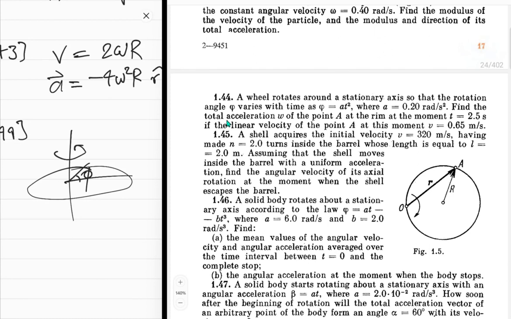Oh, okay, now I get it. It's like the centripetal acceleration, that actually is time dependent. But they gave us the linear velocity at that moment. Oh, wait, no. You don't know the radius.